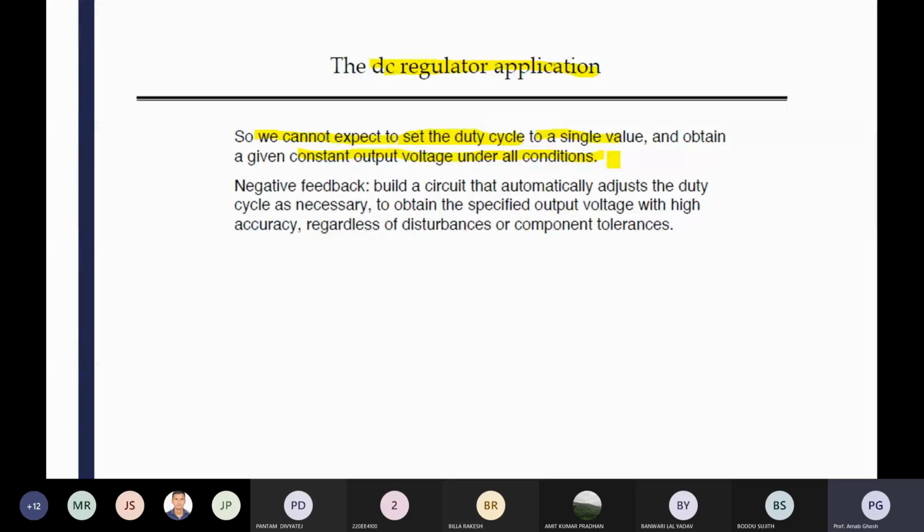Your motivation is to get a constant output voltage. That's why the duty cycle varies; you are not varying it, it varies automatically. Next is negative feedback.